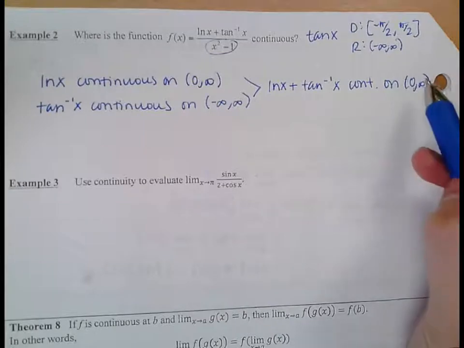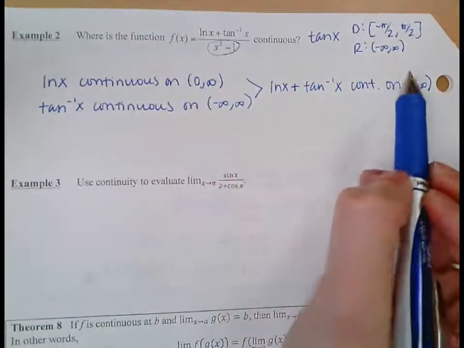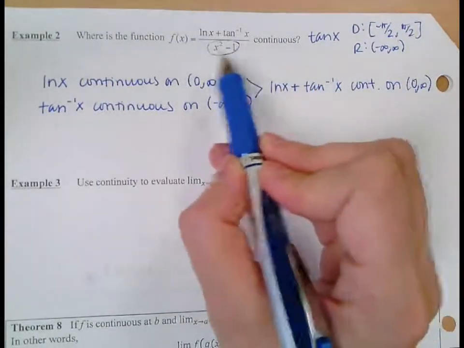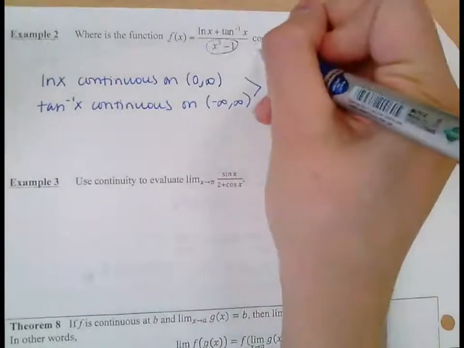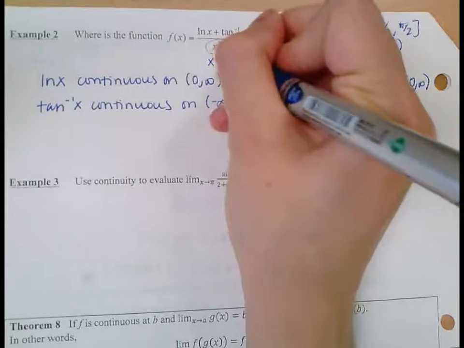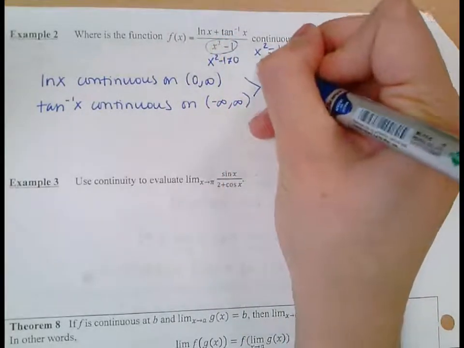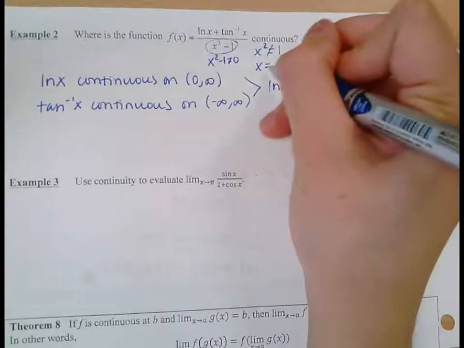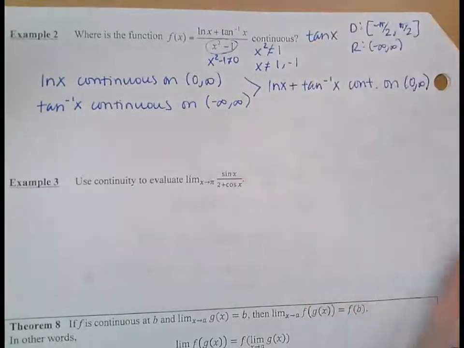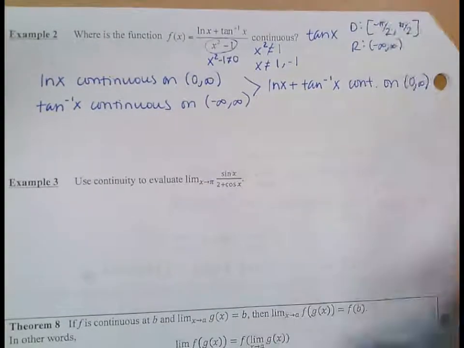So our domain is going to be 0 to infinity for the whole function, excluding any values in that interval that make the denominator 0. x squared minus 1 can't be 0, so x squared can't equal 1, and x cannot equal positive or negative 1, but negative 1 isn't in that beginning interval anyway, so we can exclude that.